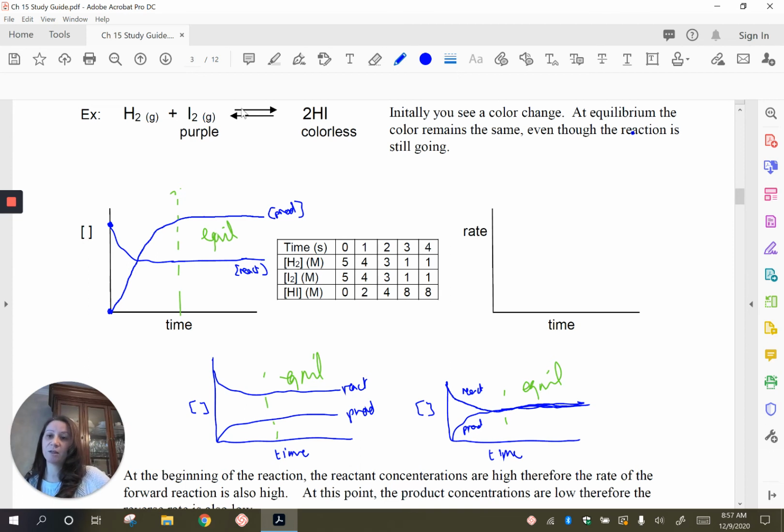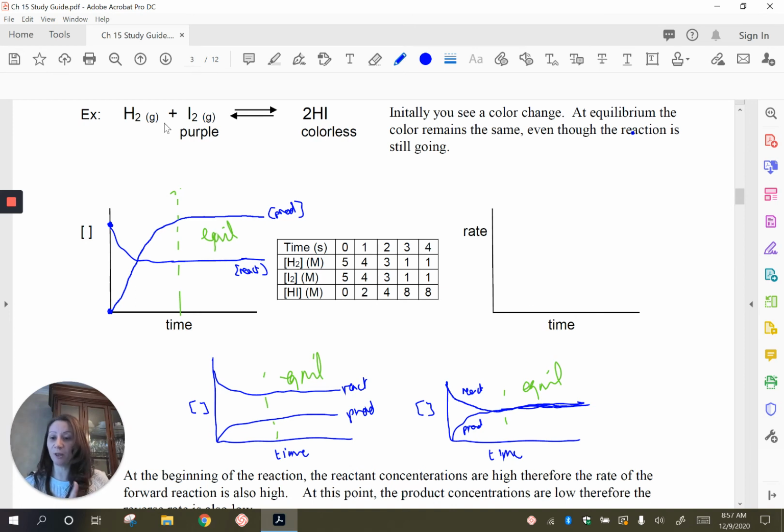As time goes by, because you have now used up some of the reactants to form products, you have fewer reactants able to collide and react, and so your forward rate slows down.